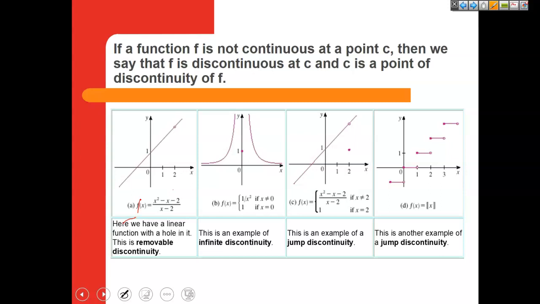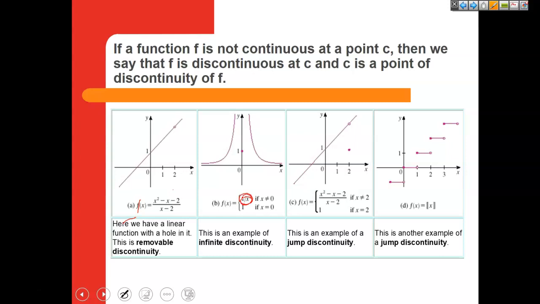In the second example, that's infinite discontinuity. Infinite discontinuity is going to come if you have a vertical asymptote. So vertical asymptotes create infinite discontinuity. If you have a denominator that equals 0, that's going to give you your infinite discontinuity.